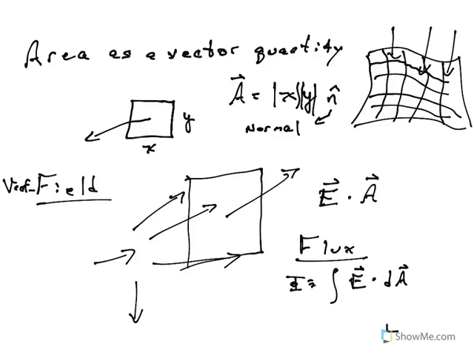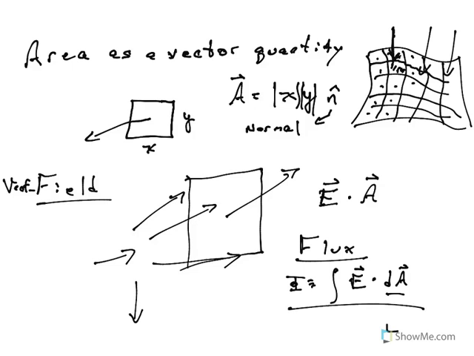And on each little square, you're going to calculate the area of the square. That's my little dA. And we're going to do a dot product of that with the amount of the vector field which is going through that little bitty square. And we're going to do that for each one of these squares and add up all of those together to get the total flux through the whole sheet.